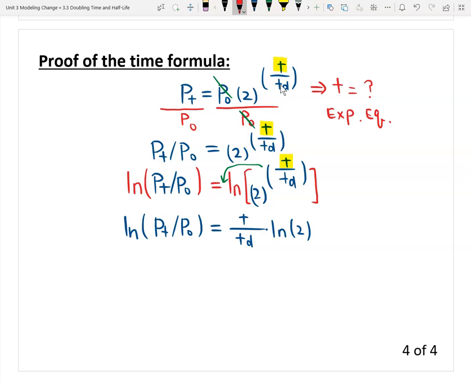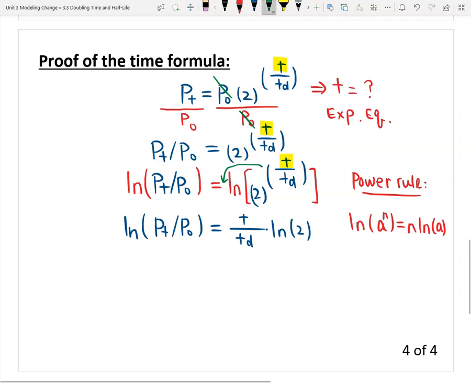Let me put the power rule formula here to remind you what we used. We used the power rule of logarithm, which is ln of a raised to the nth power equals n times ln of a, which means this power can be taken down.